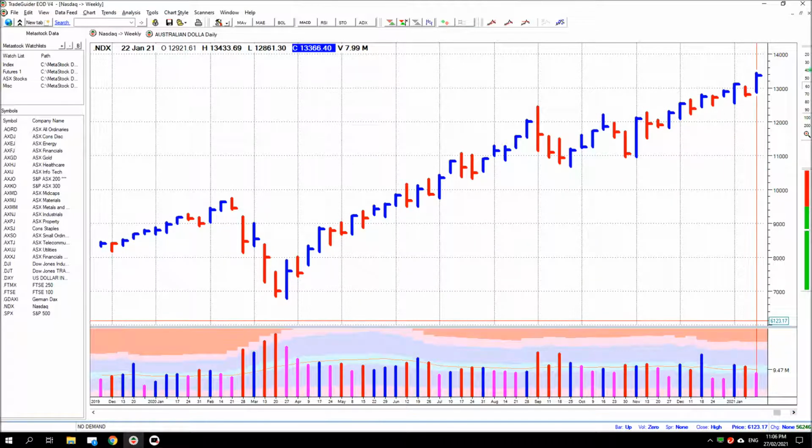Next bar sees price accelerate higher. Price closed easily above the previous up bar's high on a little bit below average volume with about an average spread. There's no volume spread anomaly, and the lower volume suggests that there's very few sellers in the market.